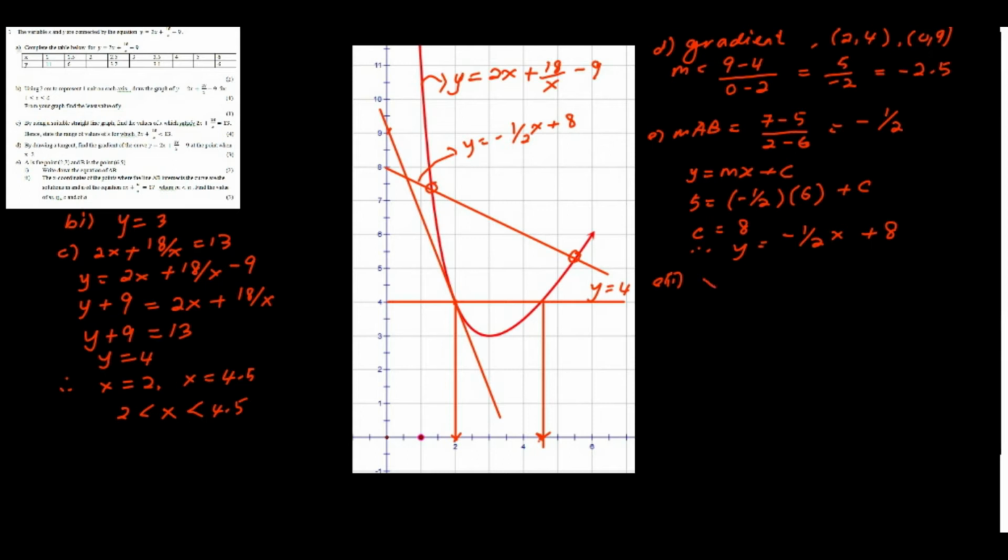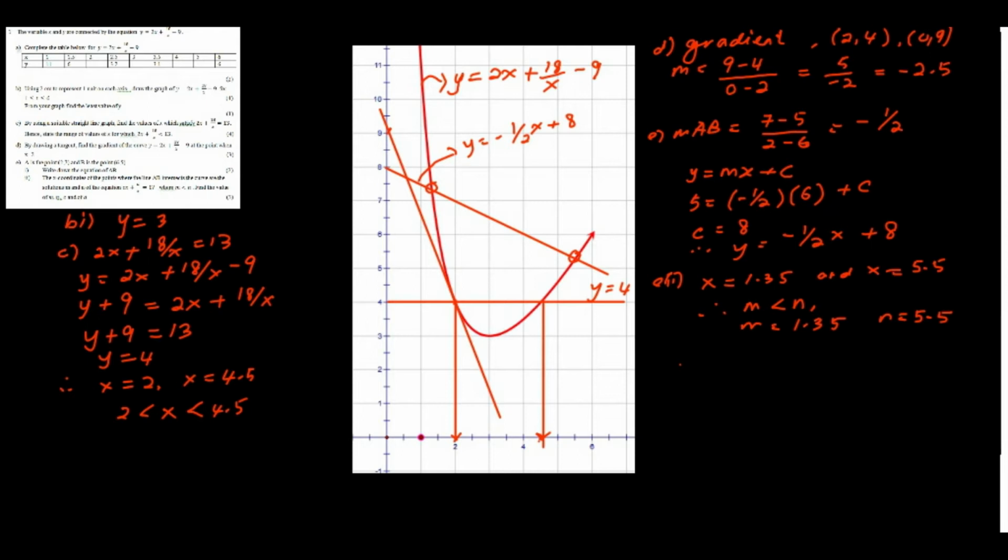Based on here, x equals 1.35, and also x equals 5.5. Without calculation you can read from here, and it's given that m is less than n. Therefore m equals 1.35 and n equals 5.5.